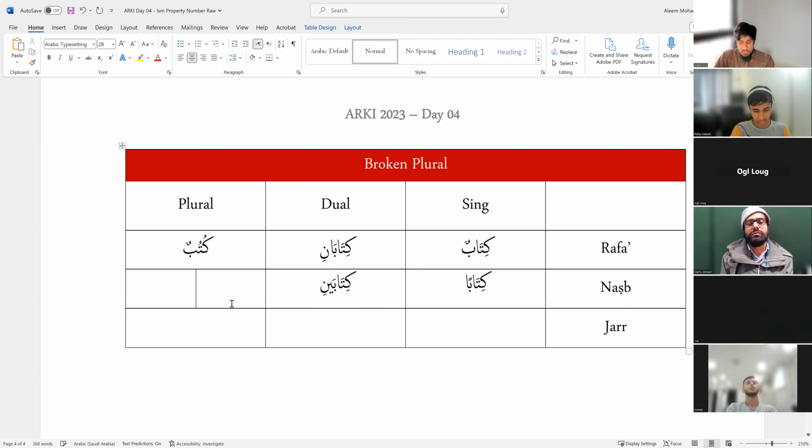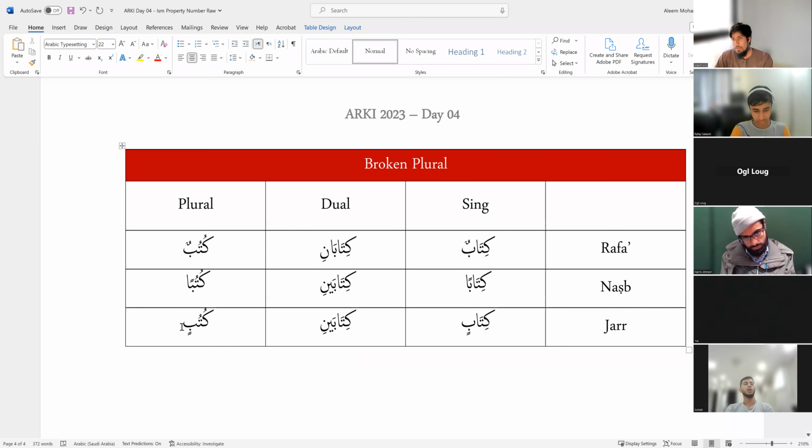It's just like a regular ism. Then it would be kutuban, right? Looks just like the singular. And we have kitabin, and then just copy and paste, kitabaini, and then kutubin.